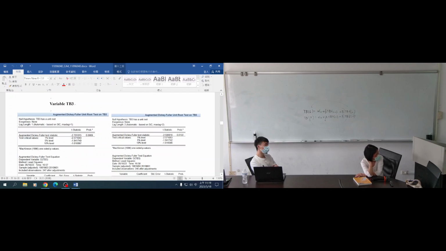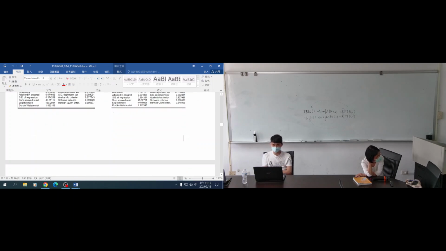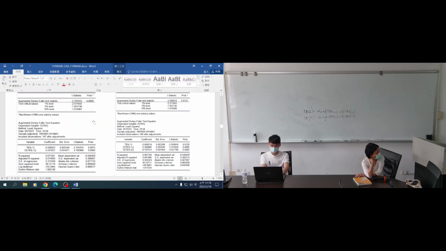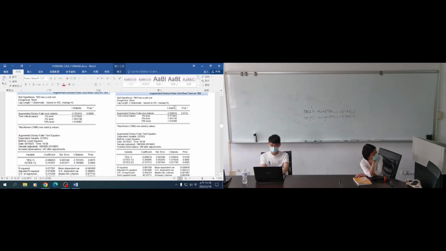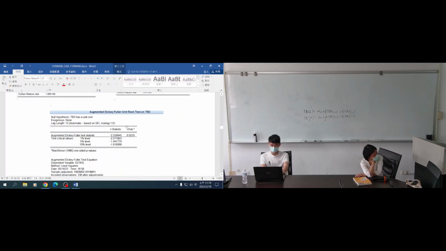And for TB3, with lag 1, it obviously passes, and with lag 2, it also passes. For TB3, I'm using lags 1, 2, 4, 6, and 12. Lag 6 also passes the stationary, and lag 12 also passes.